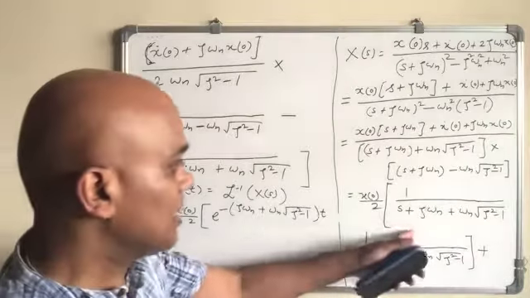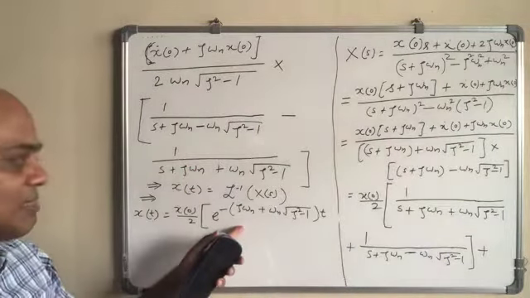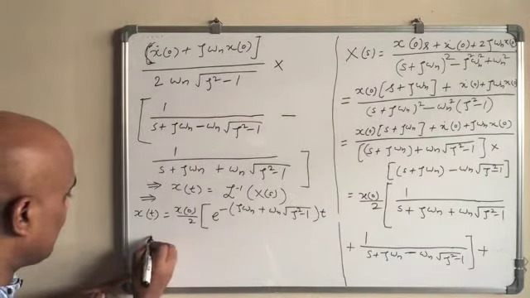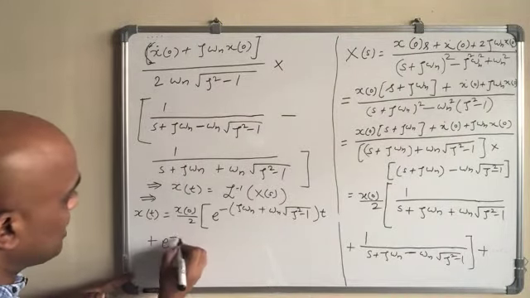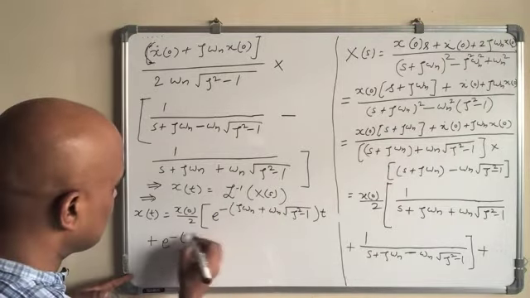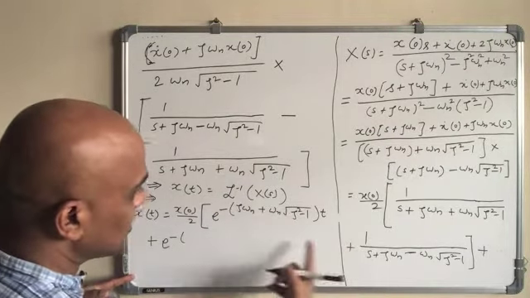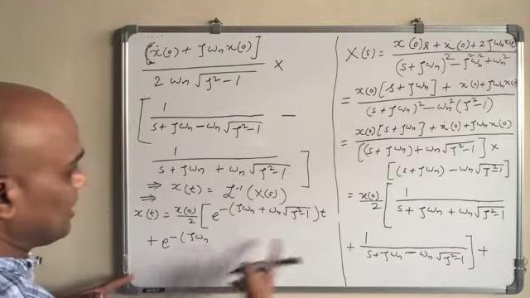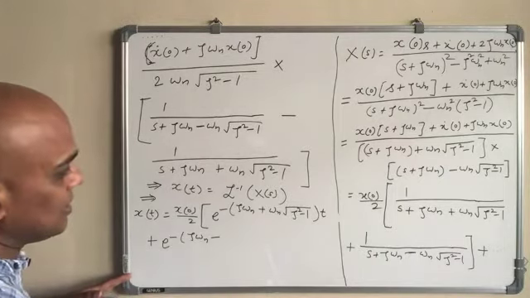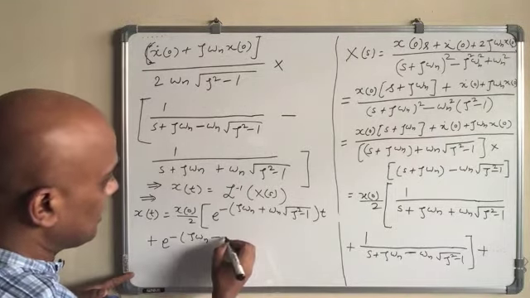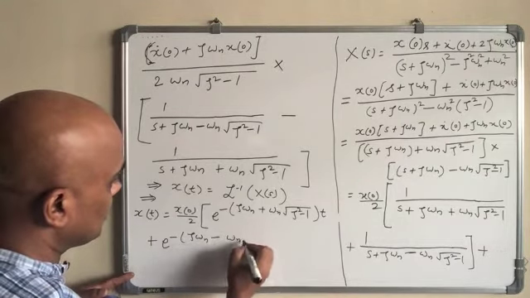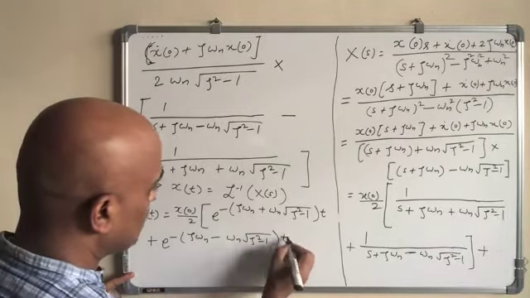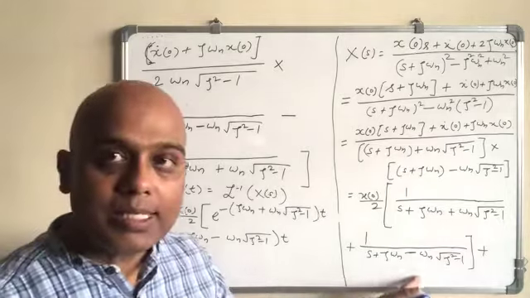So we get inverse transform of that, we get this value. Inverse transform of this one, we will get plus e to the power minus, similar process here, so zeta omega n, and here we have minus in this case now, so minus omega n root zeta square minus 1, and then we have t. Okay, so this is done.